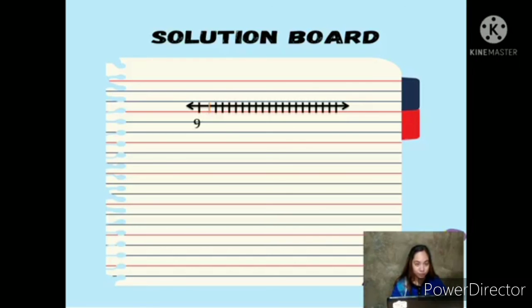Ito yung dalawang consecutive numbers, whole numbers, 9 and 10. So, the value of the lines is equal to 0.05. Dahil, i-divide natin ang 1 sa 20. Kaya naging 0.05.